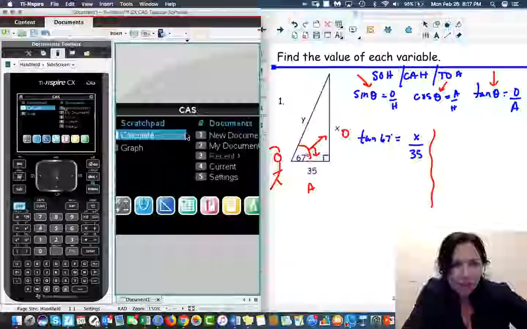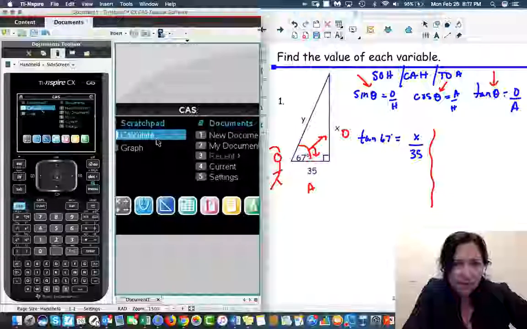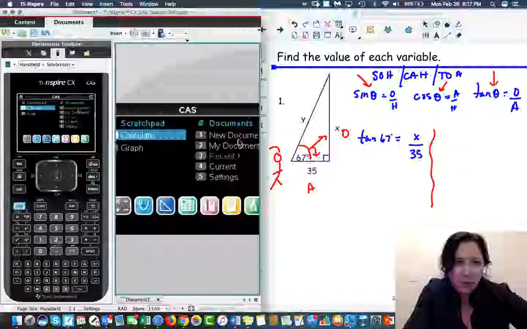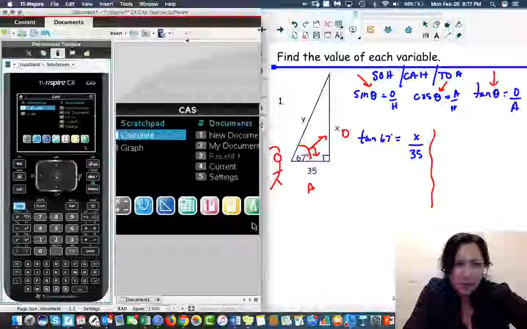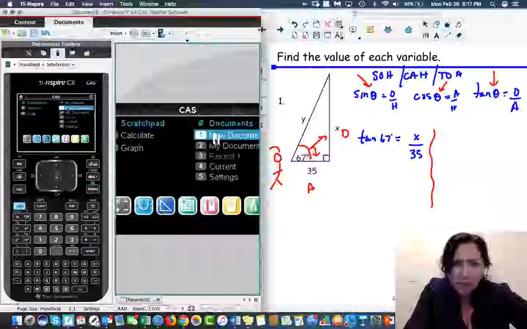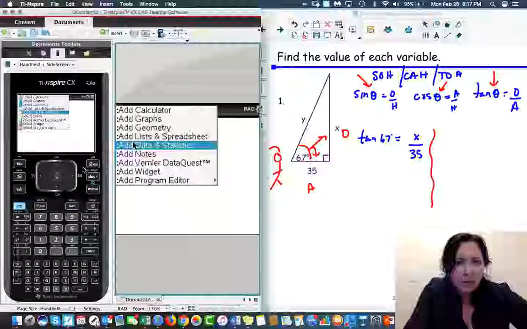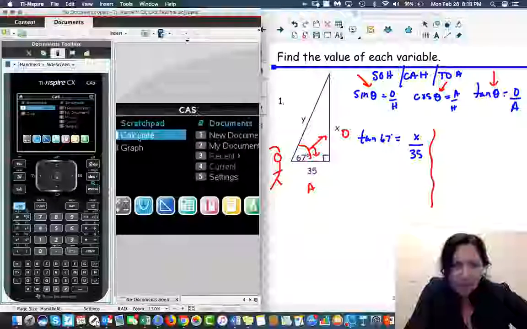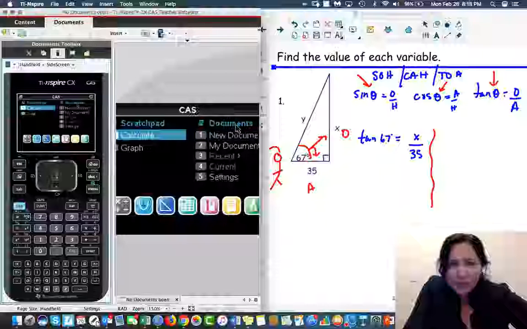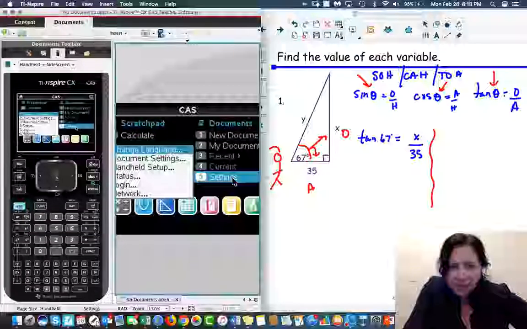So what I need you to do is see here where it says calculate. You need to go over to the right to where it says new document, okay? Oops, before we do that, I have to escape because I guess I clicked it twice. I need to scroll down to settings.